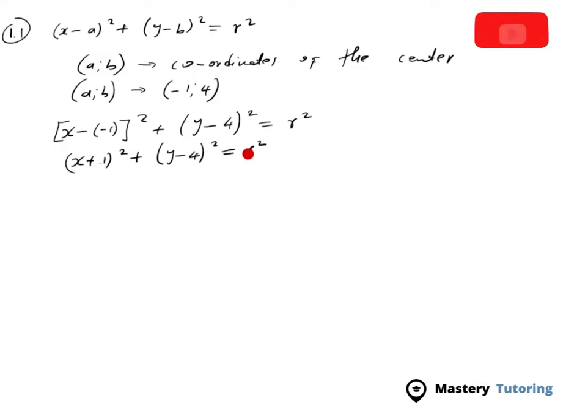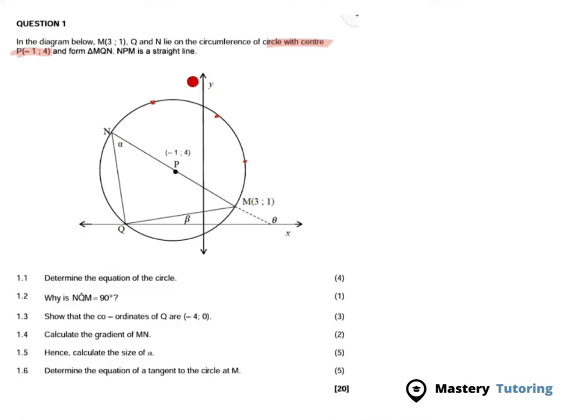We need to calculate the value of r. For us to calculate the value of r, we go back to the diagram and look for a point that is along the circumference of the circle, which we know the coordinates. That point is going to be M. We know the coordinates of M, which is 3 and 1. So where there's x, we substitute 3. Where there's y, we substitute 1.